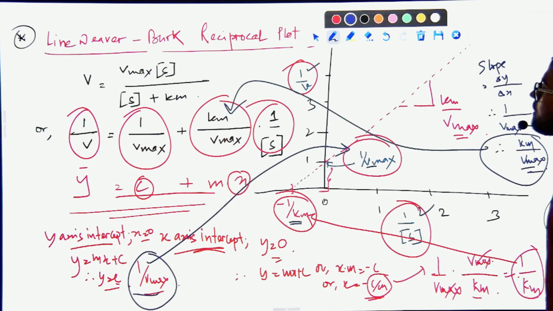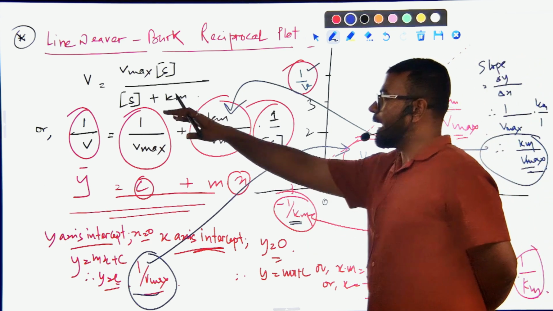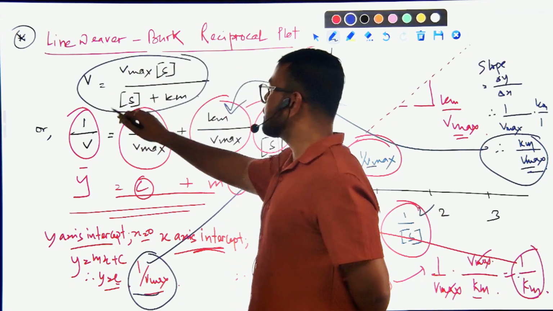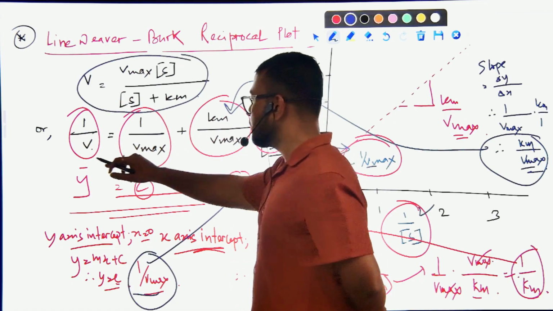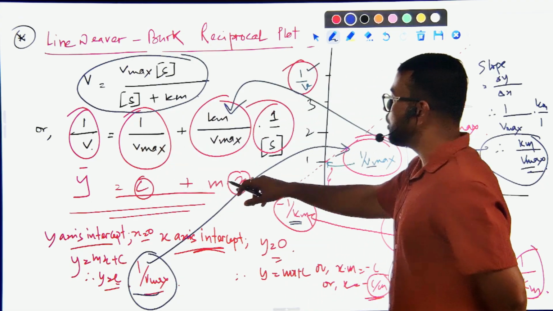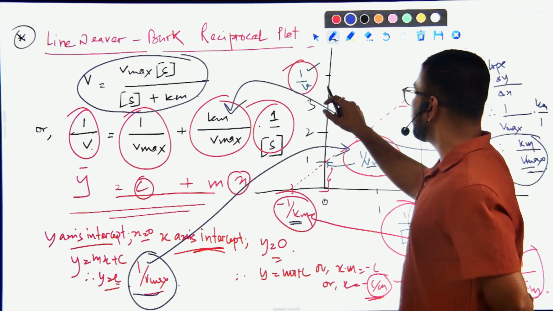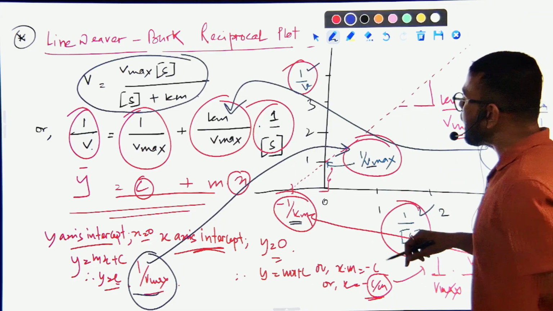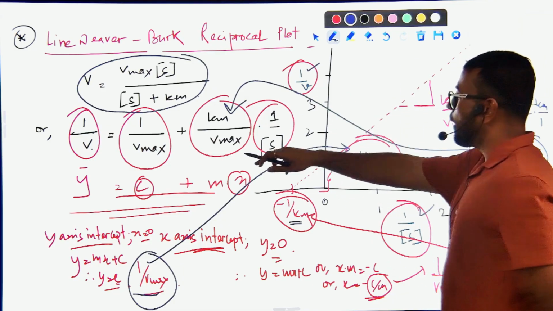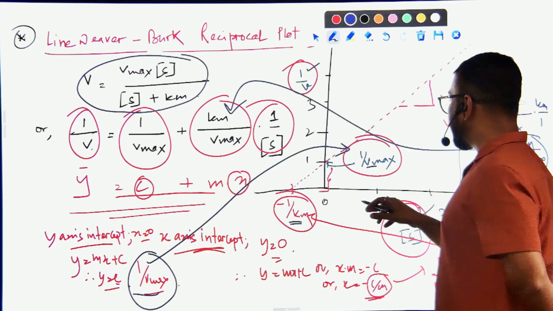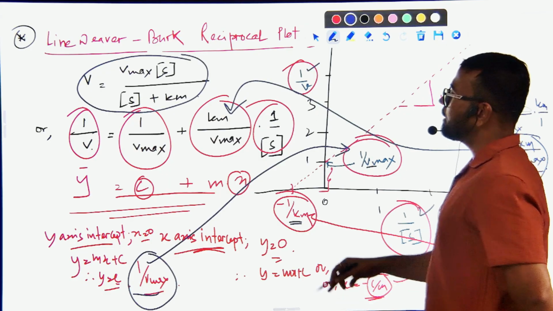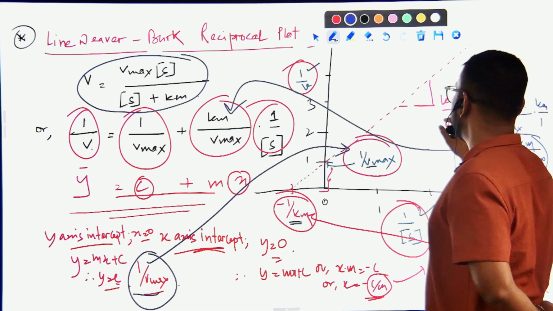I think all of you are aware of it, but I must repeat myself. We initially have the Michaelis-Menten equation, V equals Vmax into S over Km plus S. Now inverting it, we get the Lineweaver-Burk plot, which is equivalent to y equals mx plus c. We plot this as a straight line graph where the y-axis is 1 by V, the x-axis is 1 by S, c is 1 by Vmax, and m is our slope, Km by Vmax.